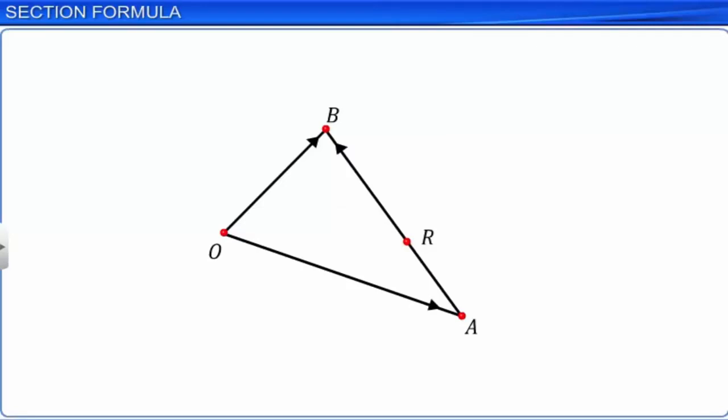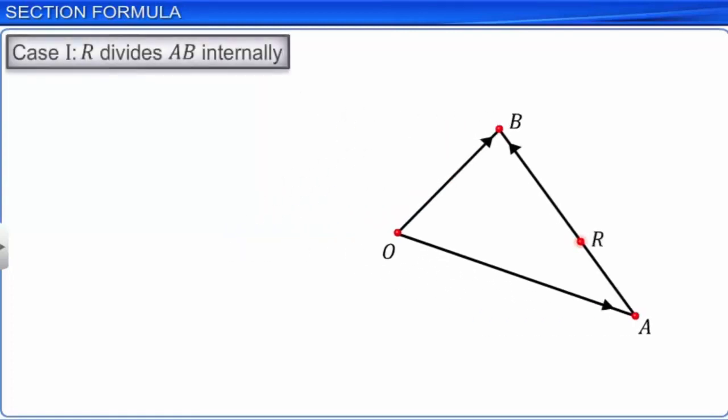Point R can either lie between A and B and divide line segment AB internally, or can lie on extended line segment AB to divide AB externally. Let us find the position vector for R in both these cases.